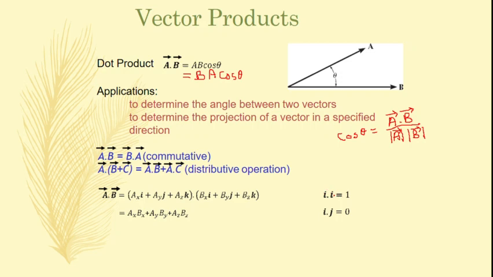That is why the angle between these two vectors is 0, and we know that cos 0 is 1, and the magnitude of these two vectors is 1 because they are unit vectors. That is why i dot i becomes 1, and if we take i dot j or i dot k, then it becomes 0, because with respect to i, j and k are both perpendicular, meaning 90 degrees, and cos 90 is 0. That is why it becomes 0. And how can we get the result from this dot product?